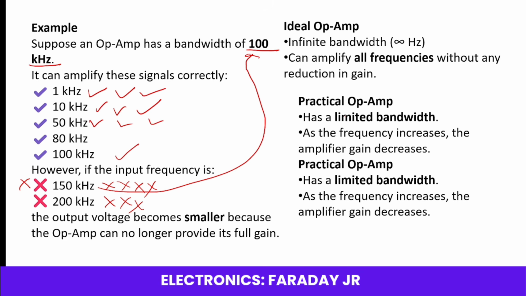It is high, but not infinity. As the frequency increases, the amplifier gain decreases because it can no longer amplify that particular frequency. So that is what is happening within the system.